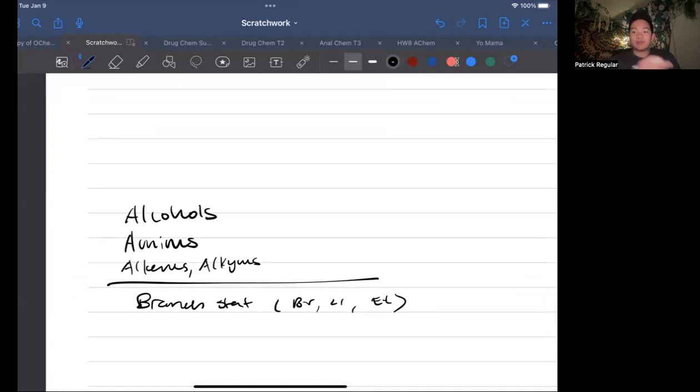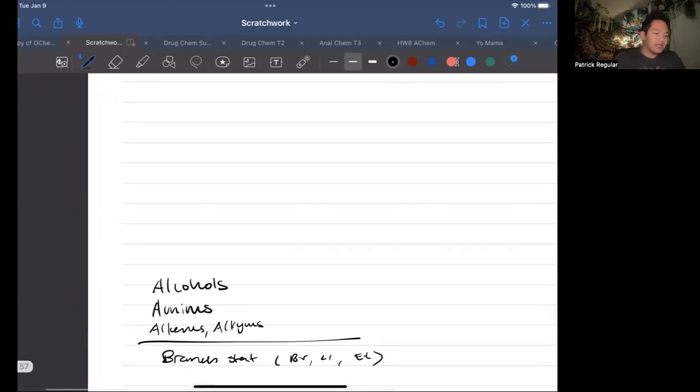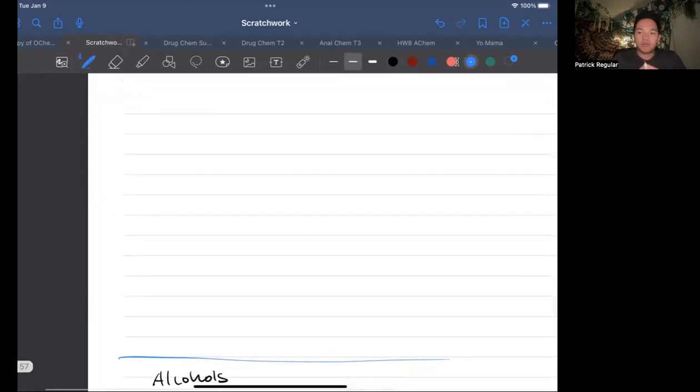Well, the thing is, it kind of changes a little bit because there's a lot more. So everything that I just mentioned is stuff that you remember from OChem 1. Now we have a whole bunch of new terms that we have to look at. So remember the general pattern. Whatever parent chain you have, that parent functional group, the highest priority becomes a suffix.